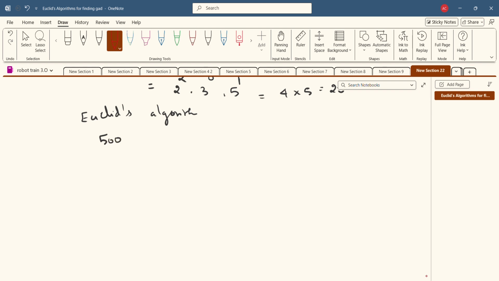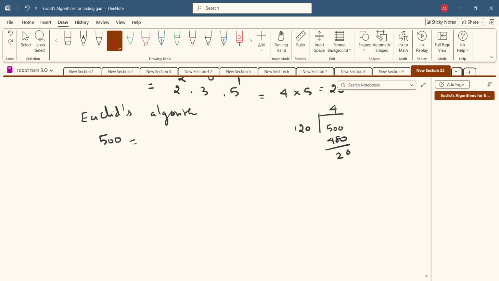So how many times can 120 be used in 500? We divide A by B. So 500 divided by 120. How many times will 120 be there in 500? 4 times. So the product is 480, and the remainder is 20.